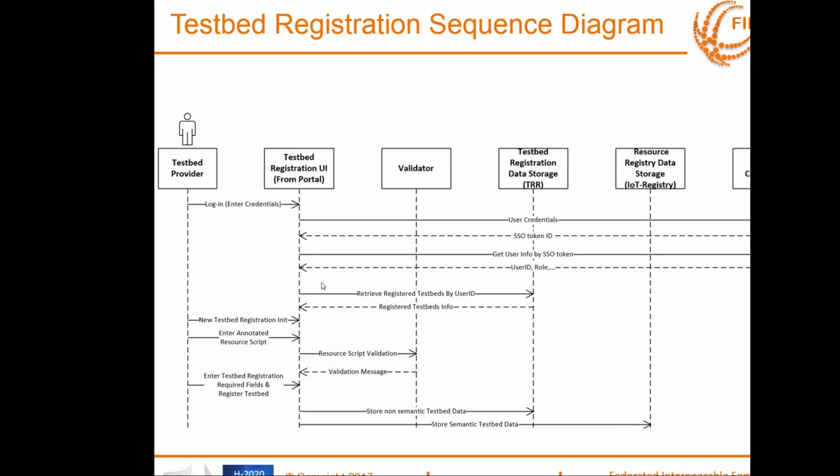Then from the testbed registration user interface, the already registered testbeds are retrieved in order to be listed to you. So now you are able to start a new testbed registration. You need to provide an annotated resource script in order to be validated by the validator component.